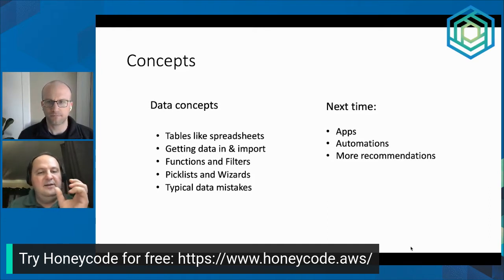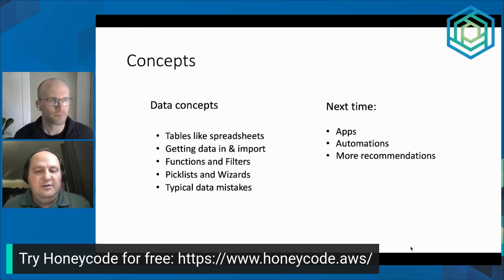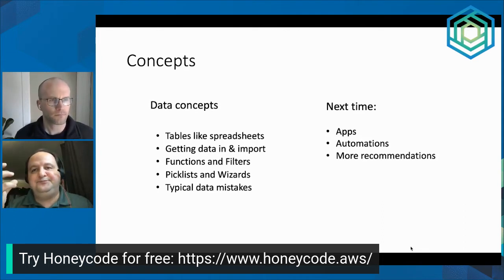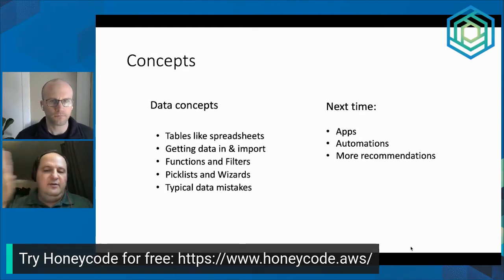And today we're going to talk about how do you go from a spreadsheet to Honeycode? How do you make that mental transition? And what are some of the pitfalls that we've seen people fall into frequently when they make this transition, so we can help make easier transitions. And so next time or in subsequent videos, we'll talk about how to build apps and how to think about designing apps with a clean, consistent user experience, how to build automations, and we'll have a whole bunch of recommendations.